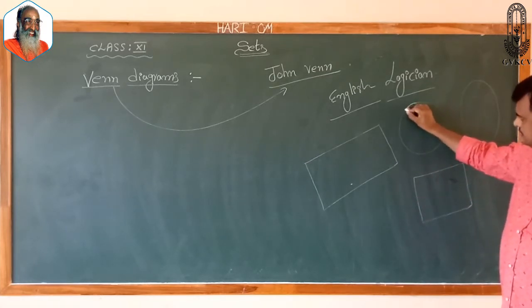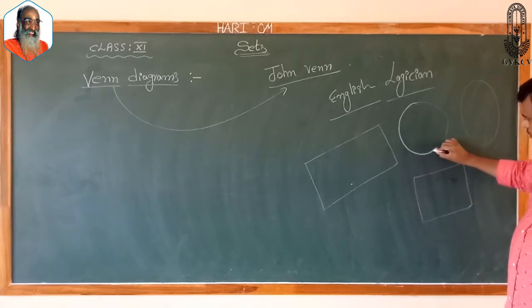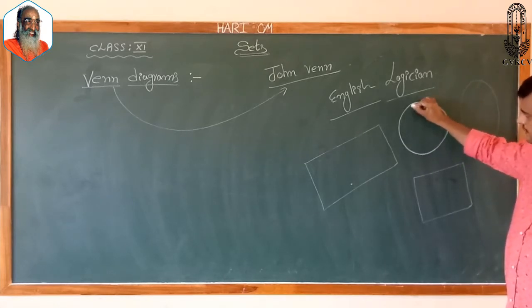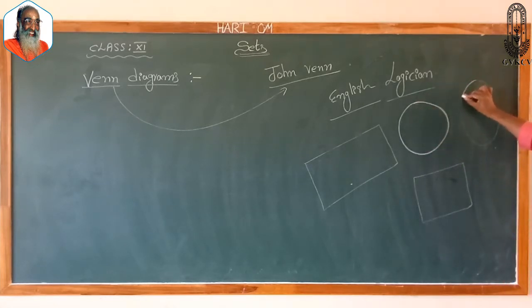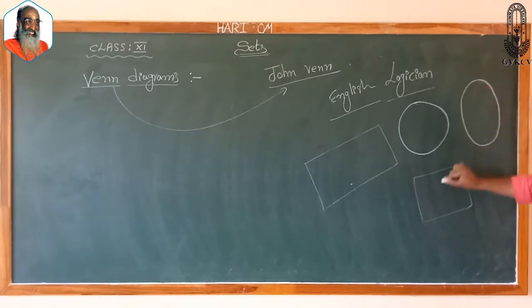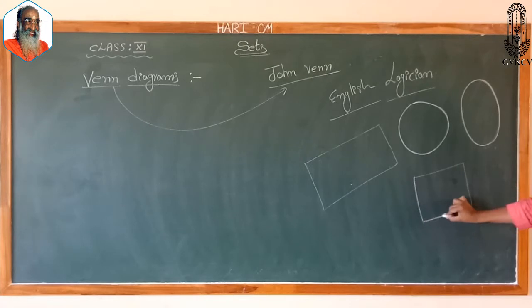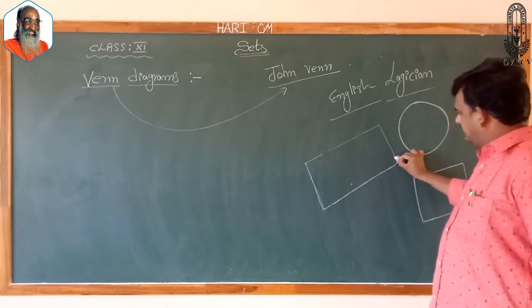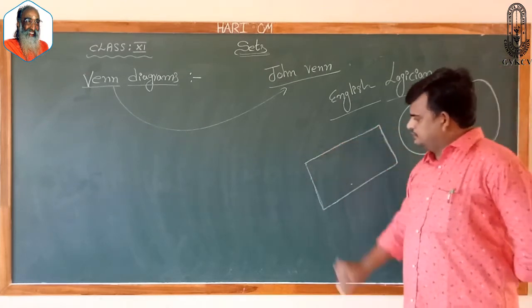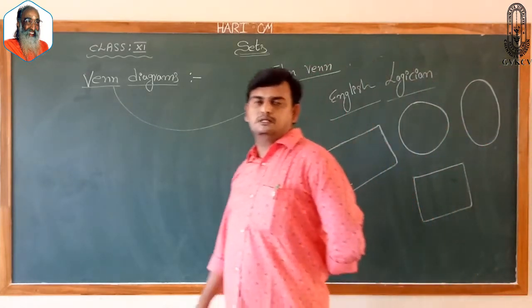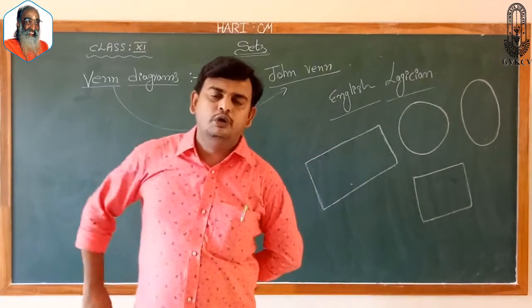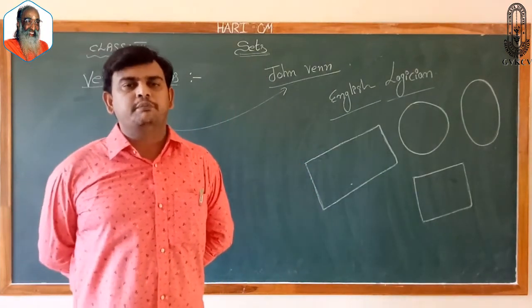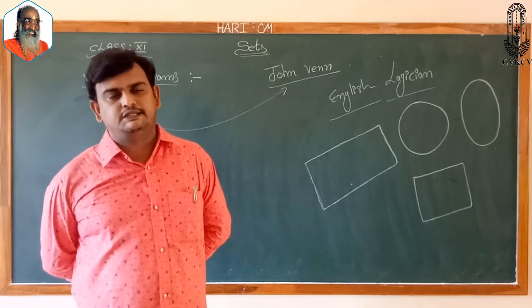So what are the symbols? The first shape is circle. The second one is the oval shape. The next one is square. And next is rectangle.